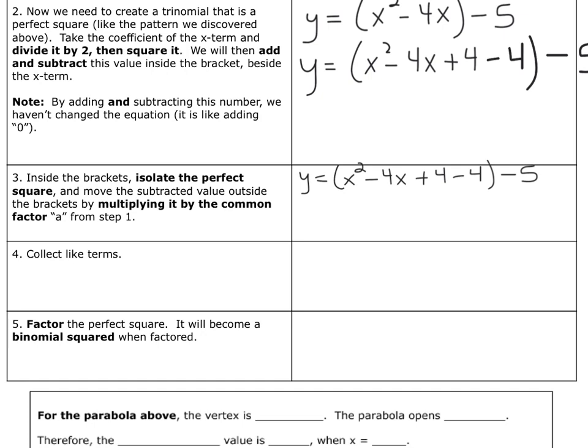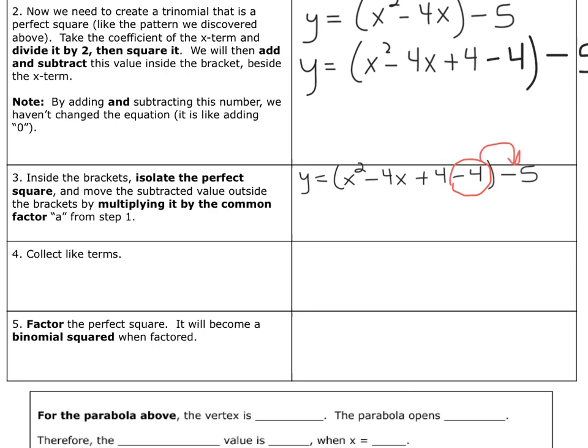Step 3, inside your bracket, you're going to isolate your perfect square. To do that, you're going to take the value that you're subtracting and move it outside of the bracket.